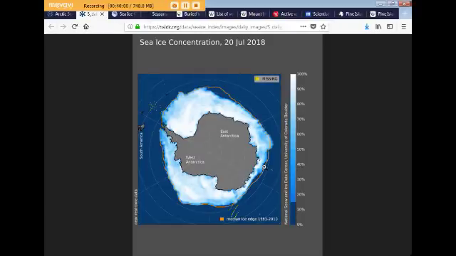And here you can see the bigger picture. But they're in the middle of winter. Their sea ice is still building, and it's still getting colder. So the coldest month for them is July, just like the hottest month for us in the northern hemisphere is July.